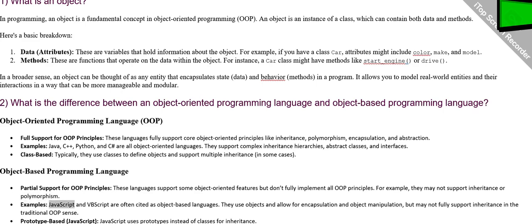Examples: JavaScript and VBScript are often cited as object-based languages. They use objects and allow for encapsulation and object manipulation, but may not fully support inheritance in the traditional OOP sense. Prototype-based: JavaScript uses prototypes instead of classes for inheritance.